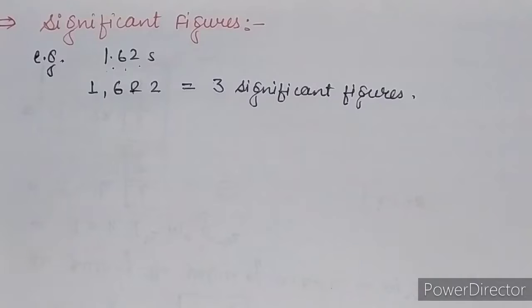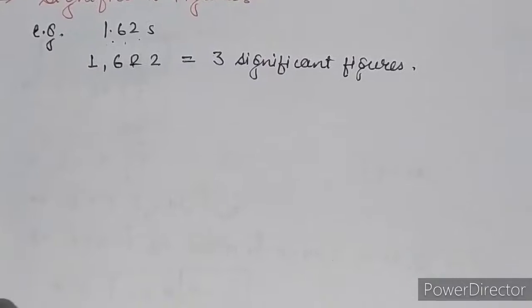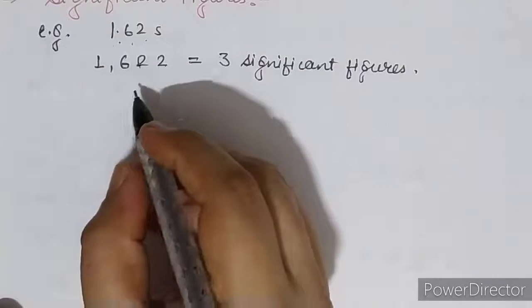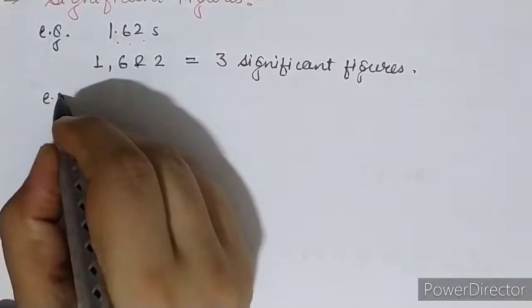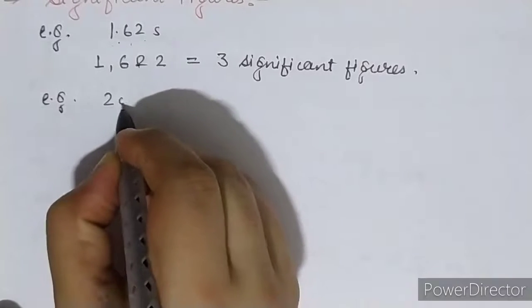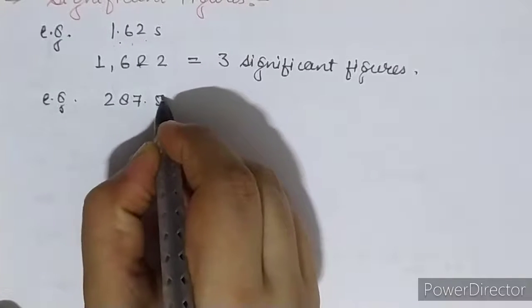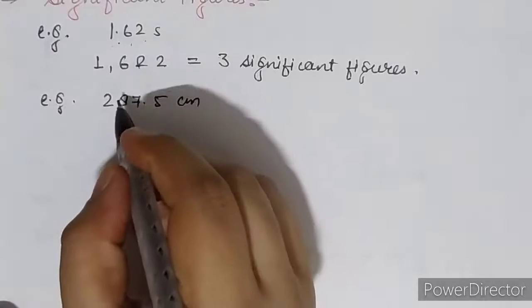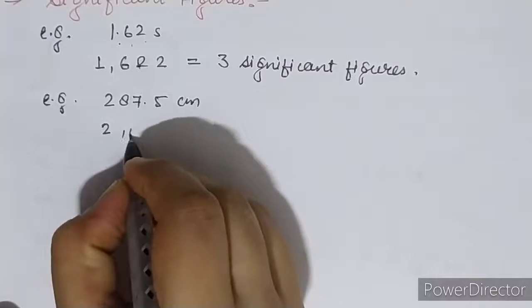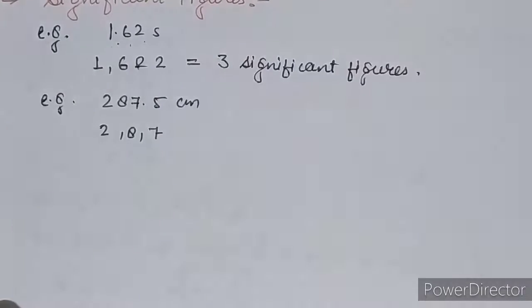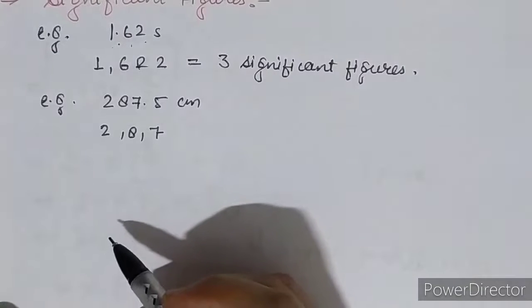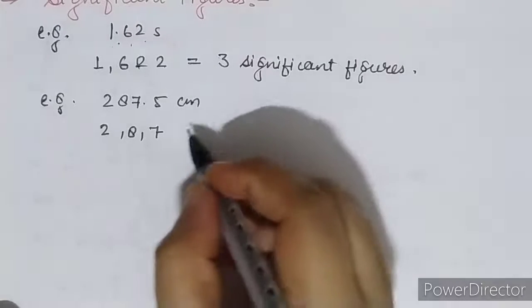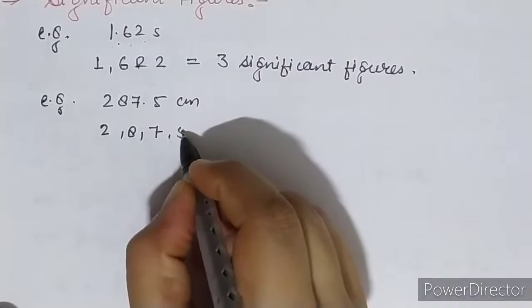Okay, clear? Suppose the length of an object is 287.5 centimeters. How many significant figures are there, beta? 4. 2, 8, 7 are the certain values, and 5 is the uncertain value.